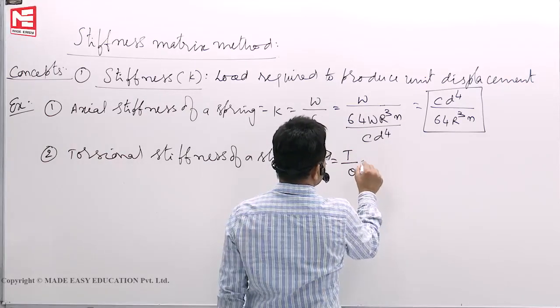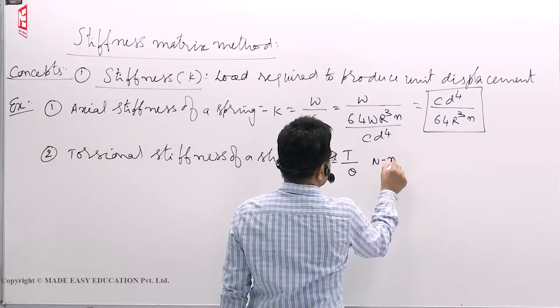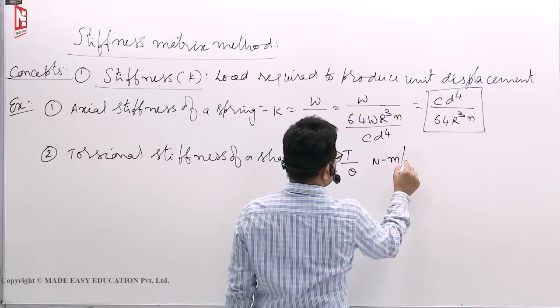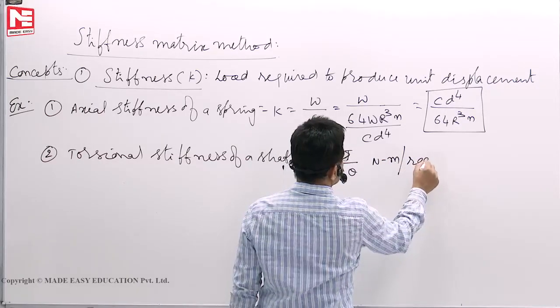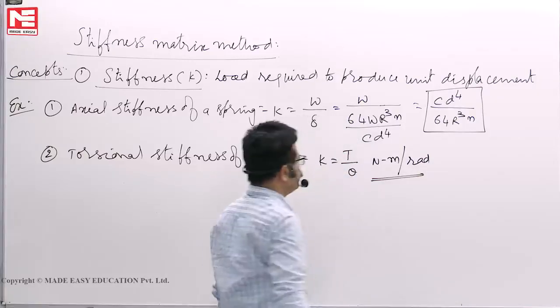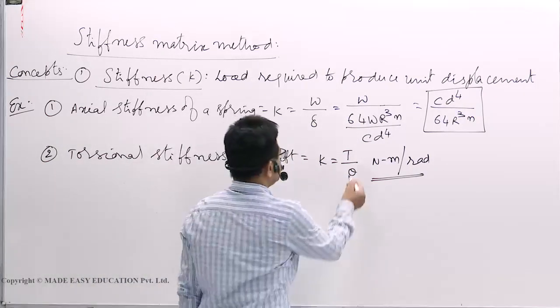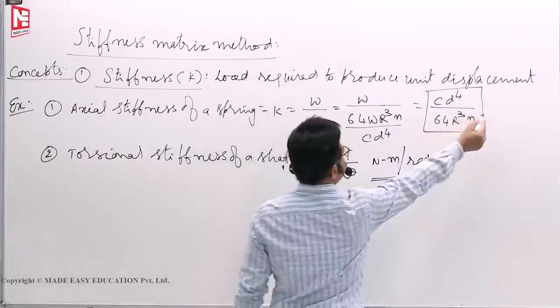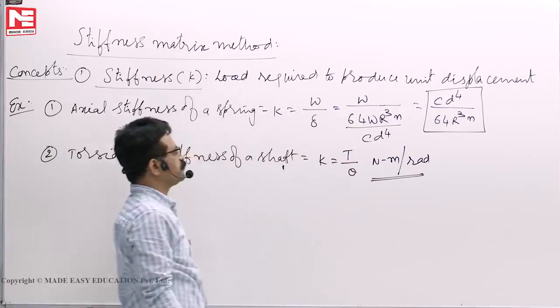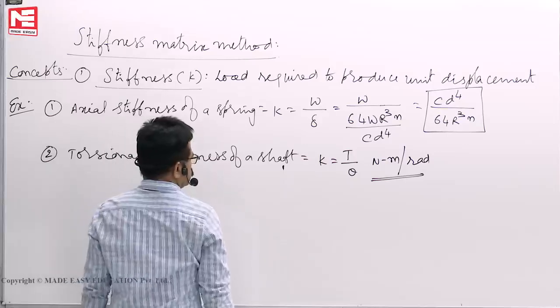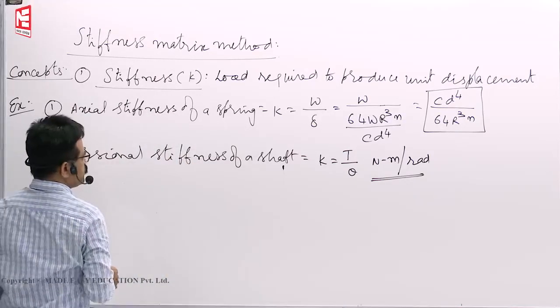What are the units? Torque, if you take it as Newton meter per radian, torque required per unit radian. These are the units. Here simply Newton per mm. Now this is the torsional stiffness.